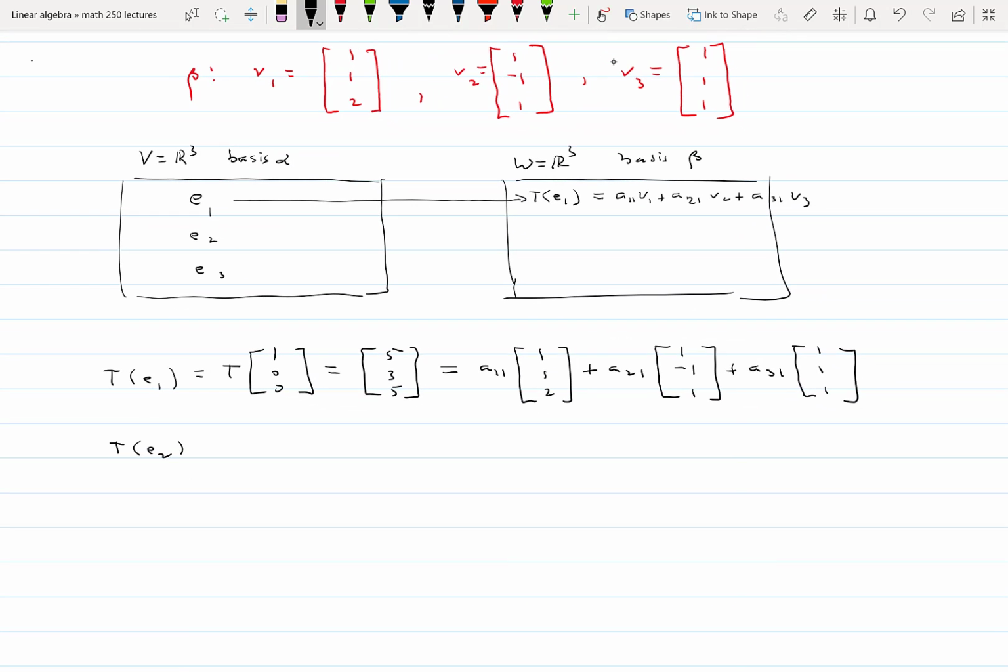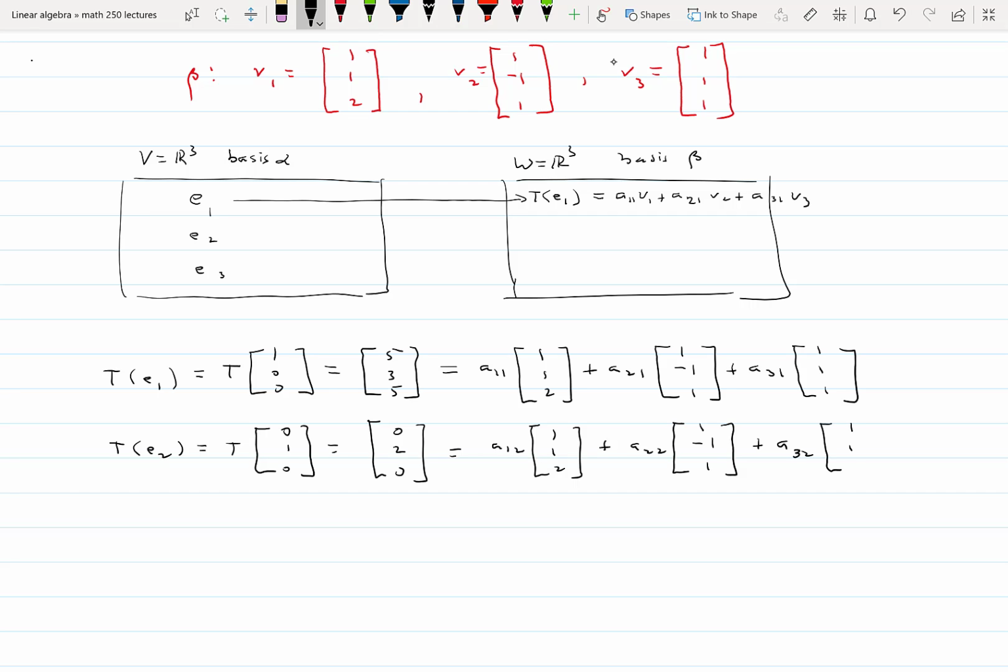Figure out the action on E2. It's nothing more than T of 0, 1, 0, which we figured out was 0, 2, 0 earlier. Just plug in 0, 1, and 0 into our transformation. So this is now A12 times the first vector in beta, plus A22 times the second basis vector in beta, plus A32 times the third basis vector in beta.